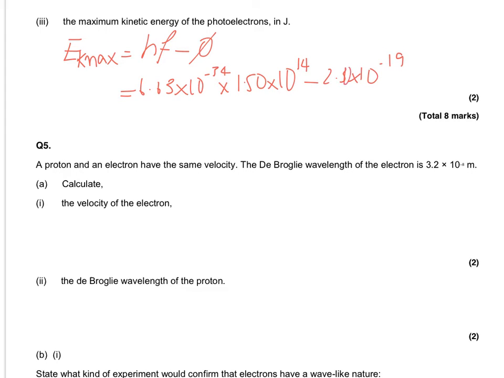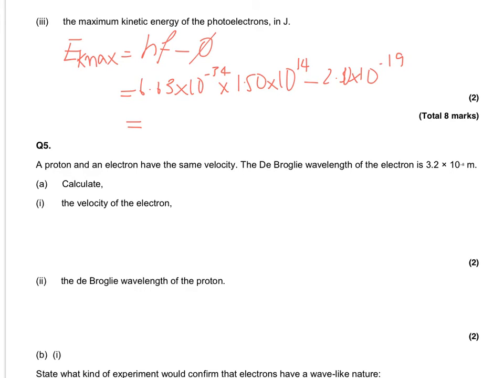Actually, that was 2.30, so let's not lose significant figures. Let's type that one in, and then subtract the work function.